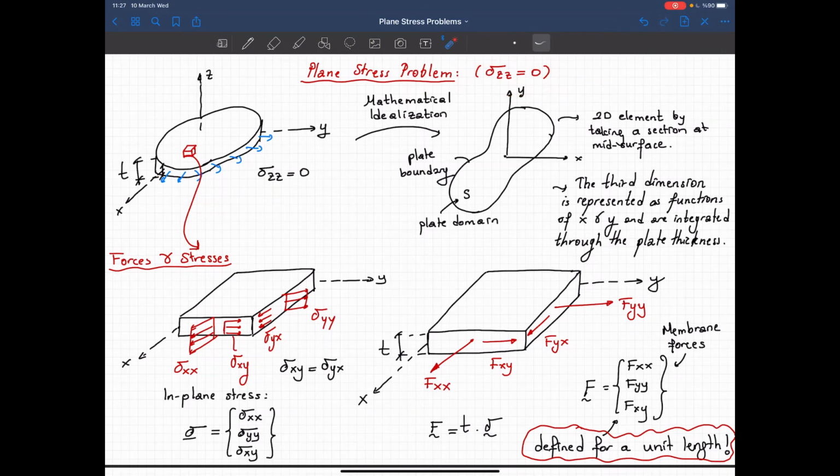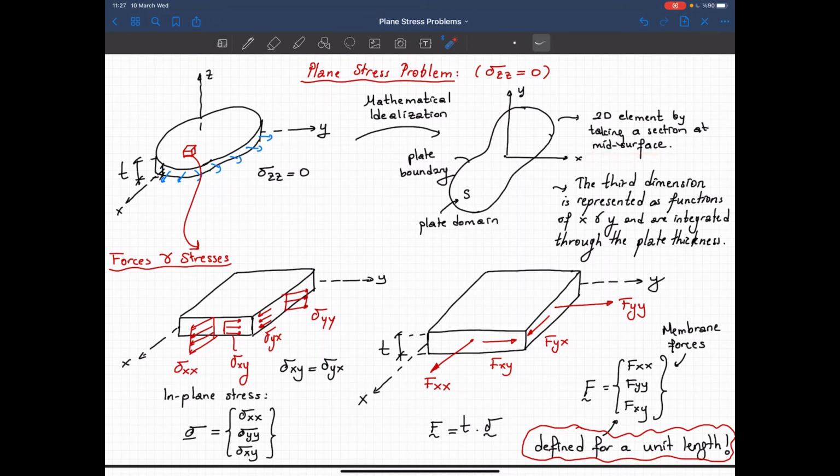So we have a two-dimensional element, right? The dimensions of the actual member in these two directions are much longer than its dimension in the Z direction. So that's why we can idealize it as a two-dimensional element. And this surface is defined at the mid-surface.